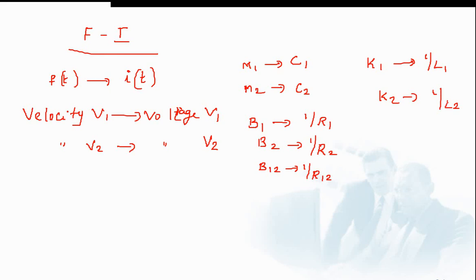So, as we know, there will be two nodes, that is V1 and V2, and the input is the input current I or I of t. So first we can draw two nodes, voltage V1 and voltage V2.